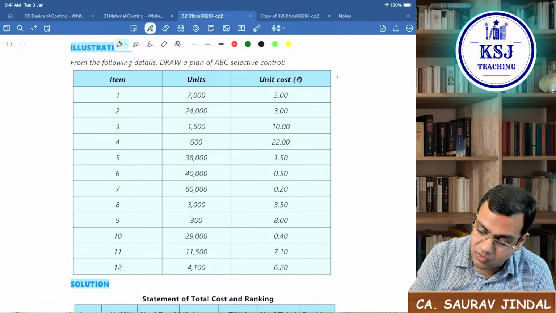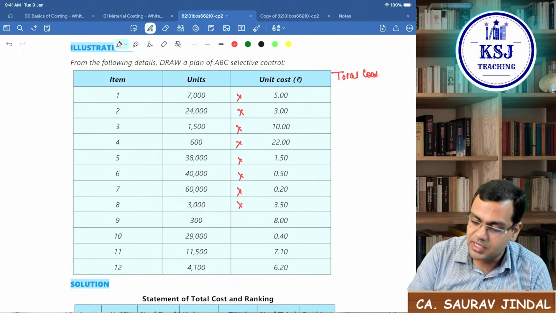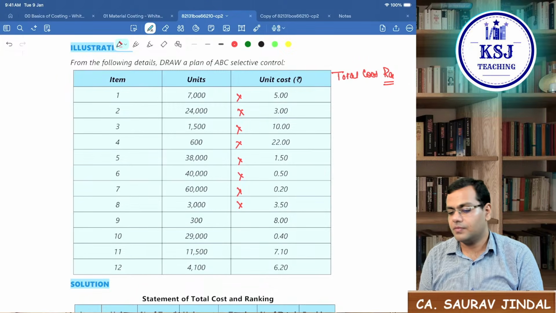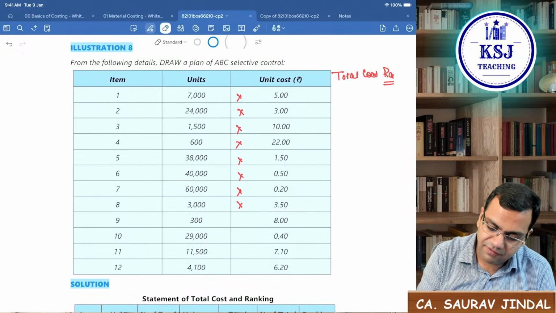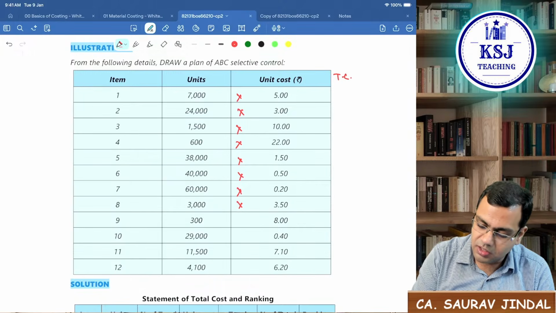You will first calculate the total cost, the total value, that is units into unit cost for each item. Then you will do the ranking after calculating the total cost. You have to be very careful with this part. Total cost and then ranking.